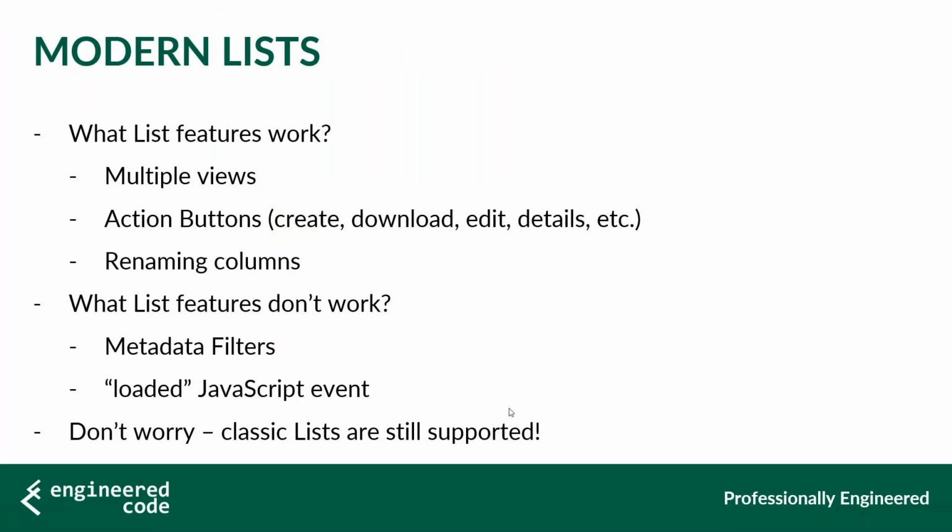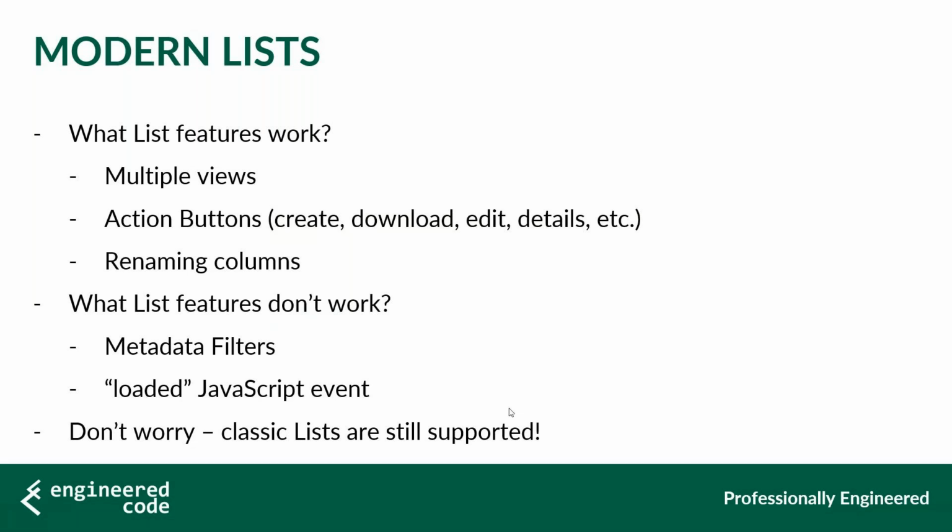If you're defining multiple views, that is supported. So your modern list will have a drop-down for as many views as you happen to define. Action buttons, whether it's the create or the download buttons that appear above the list, are supported.